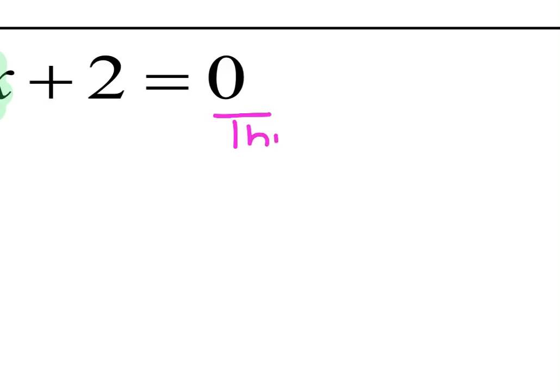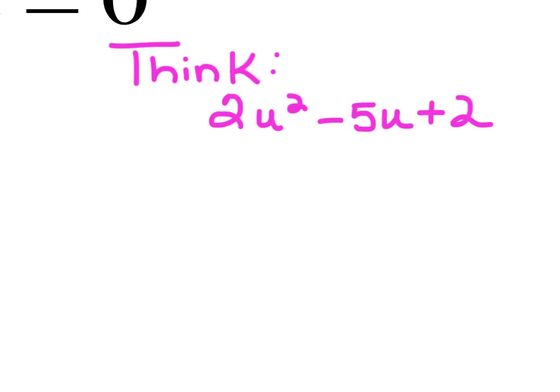And so the thinking for the factoring is going to be 2u squared minus 5u plus 2, and I want to factor that. You can factor however it works to get you to the correct answer.